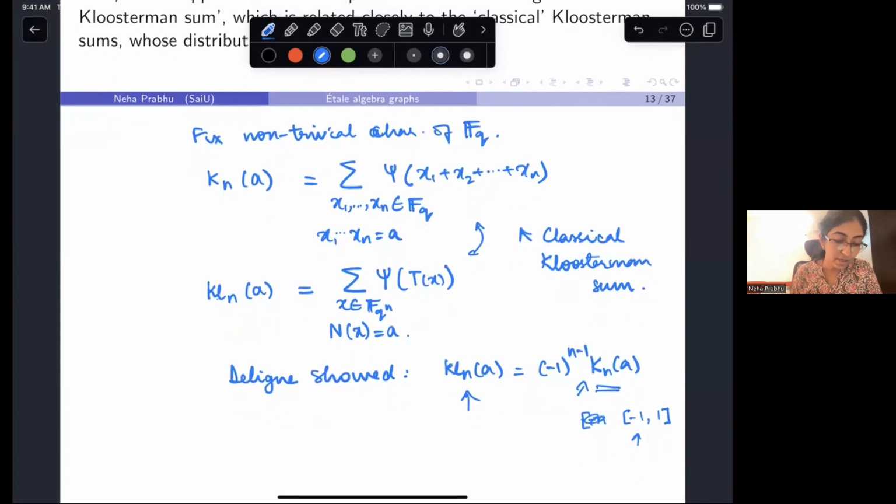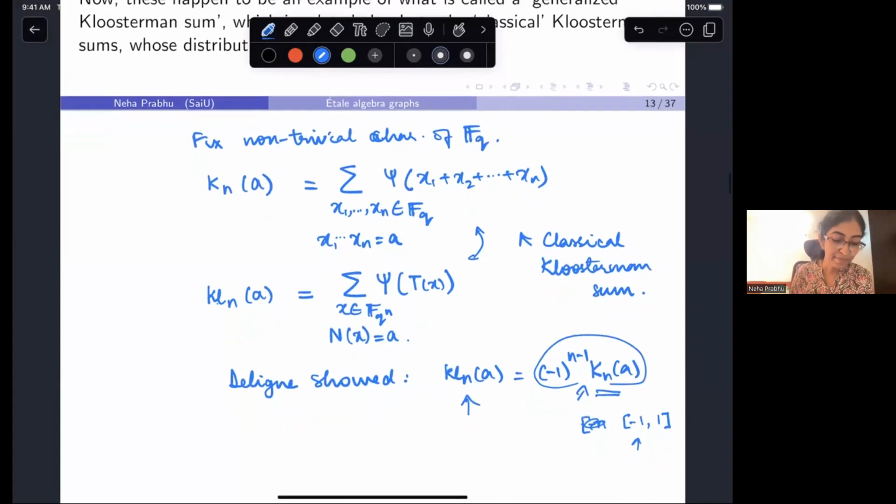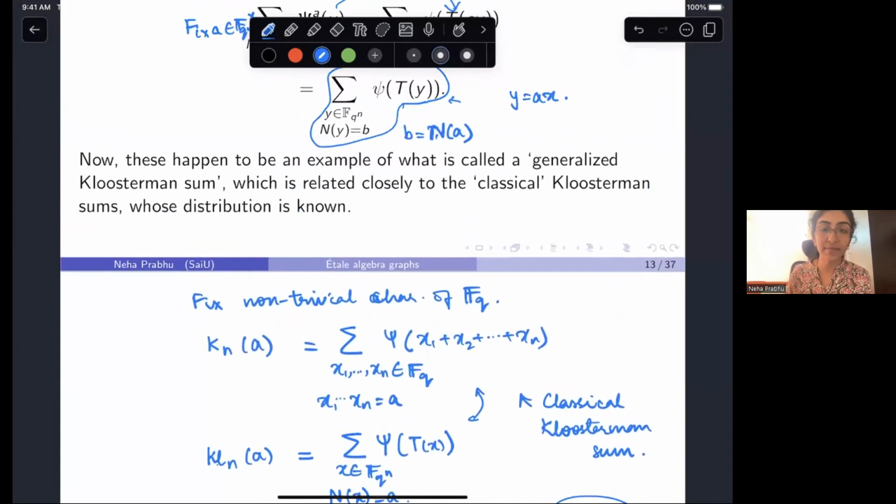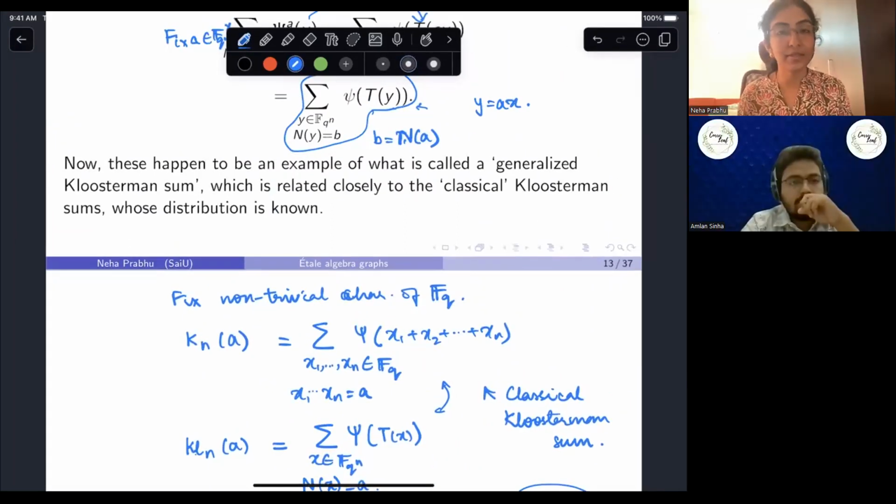To study the classical Kloosterman sums, maybe I won't get into the number theory of it. But basically, once we know that these eigenvalues coming from the difference graphs are generalized Kloosterman sums, since we know the distribution of classical Kloosterman sums, this distribution is the same.